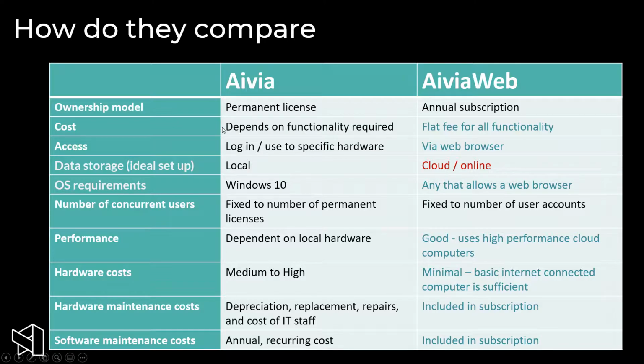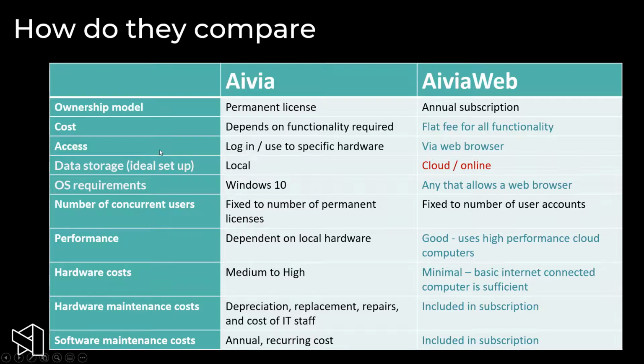In terms of cost, for Aivia, it depends on what functionality you need, and it scales in that way. So more functionality is a more expensive license, whereas Aivia Web, we are offering it with a flat fee with all the functionality.